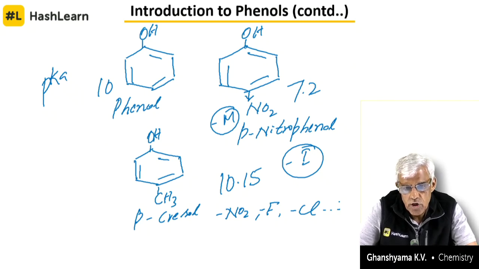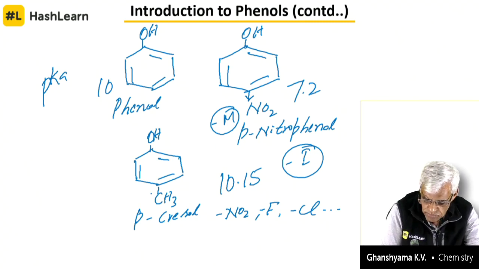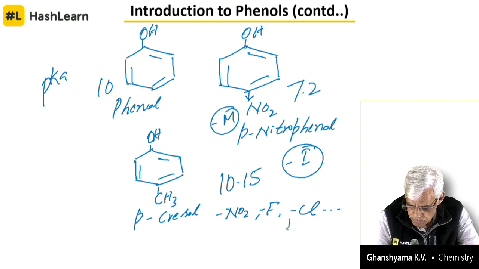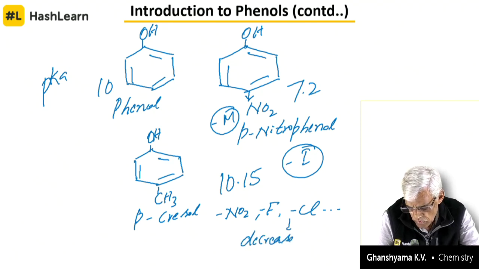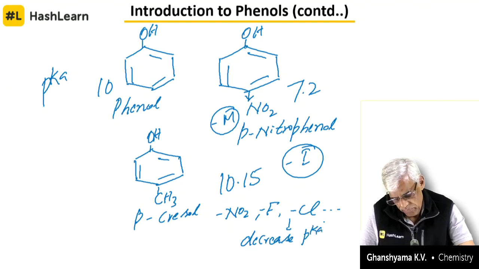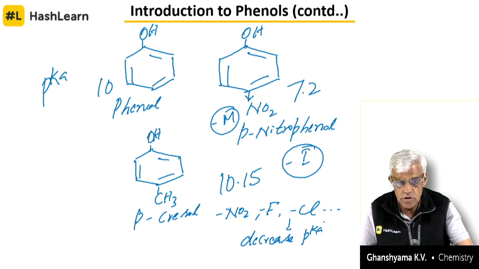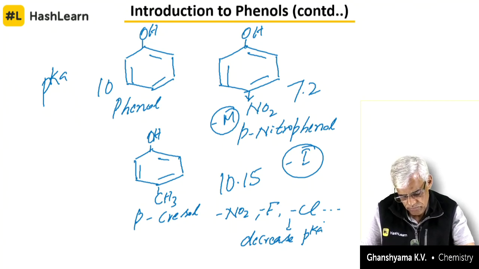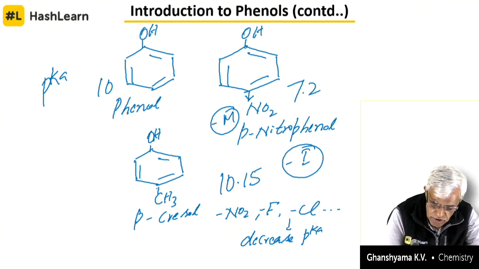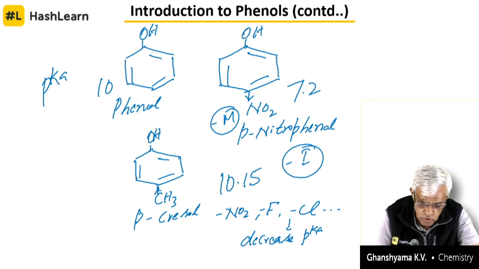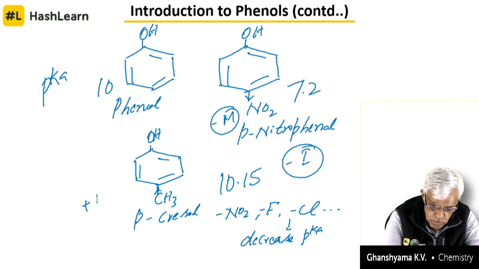So, nitrophenoxide ion is more stable, whereas these groups decrease pKa value, therefore, the acid becomes stronger and stronger, whereas CH3 group is an electron pumping group, it has got positive inductive effect.